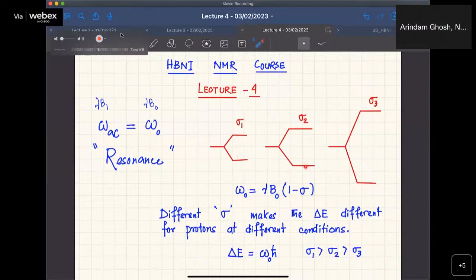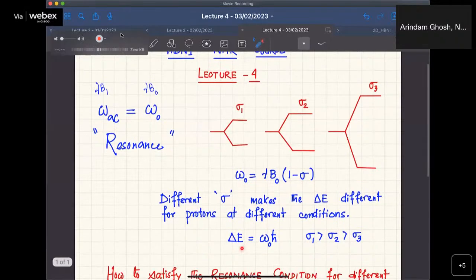This Zeeman splitting becomes different because there's delta E, which we have found out last class also, that omega 0 h cross is the delta E. Now, if the omega 0 itself is changing, you have delta E slightly different. So here I have tried drawing three different situations.